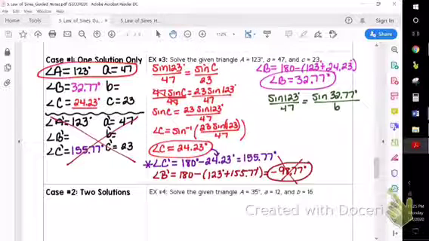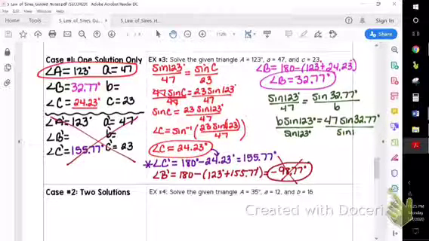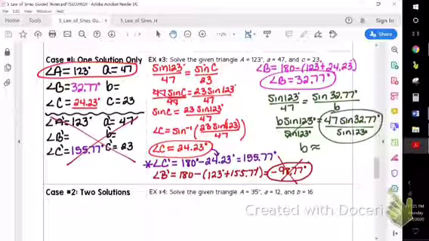So we're going to cross multiply. B times sine of 123 degrees equals 47 times sine of 32.77 degrees. Solving for side B, divide by the sine of 123 degrees. And so side B is approximately, we put this in our calculator, and we should get 30.33.